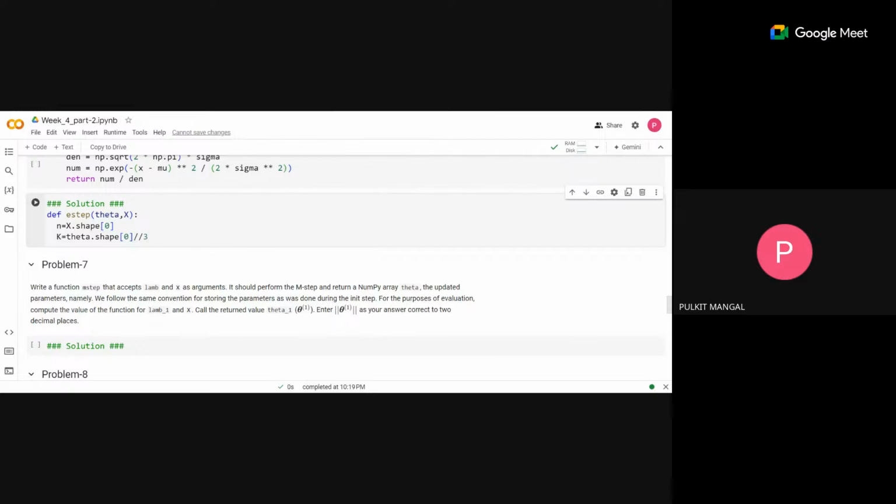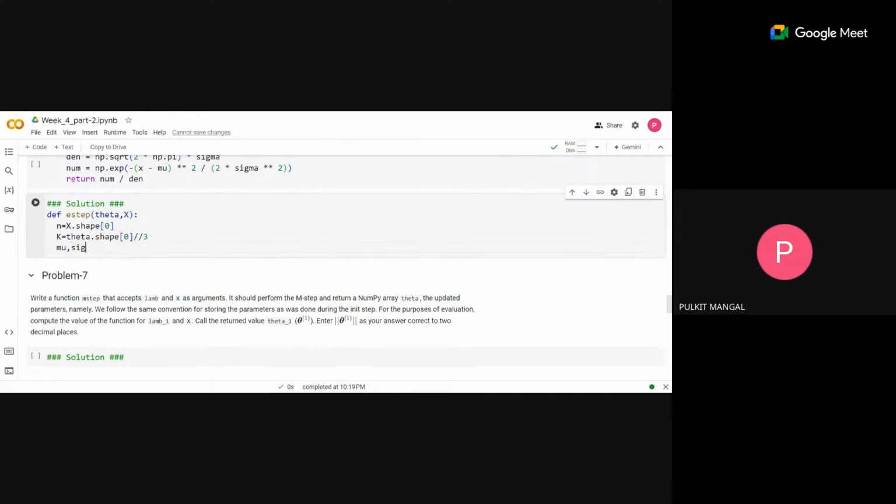Now we will separate our mu, sigma, and pi from this theta. And how we will be separating them is, we know the position of them, right? The first k are mu, the next k are sigma, and the last k are pi. So it would be theta till k.